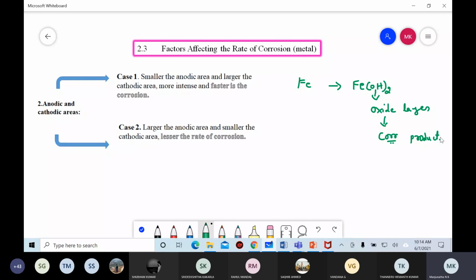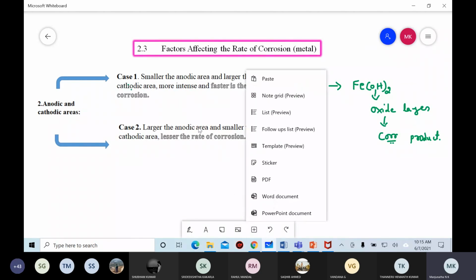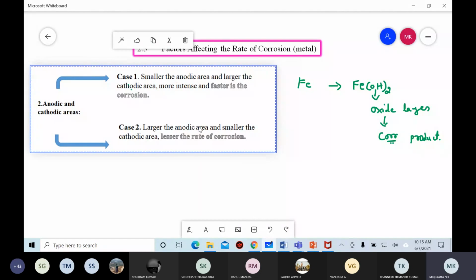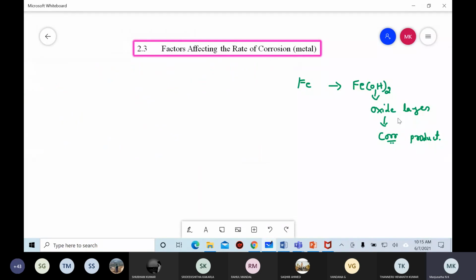Or take a magnesium metal. Once magnesium is exposed to the corrosive environment, it undergoes corrosion very fast, faster than metals having low electrode potential. Therefore, the oxide layer is called a corrosion product.